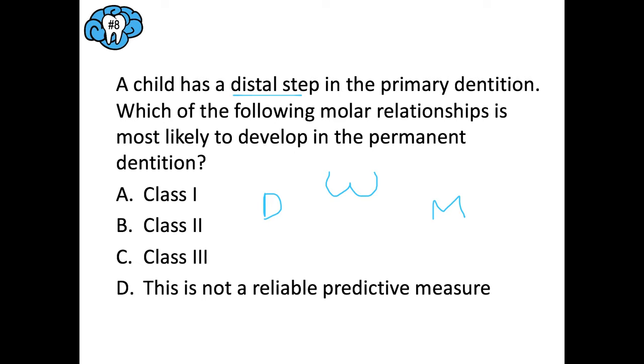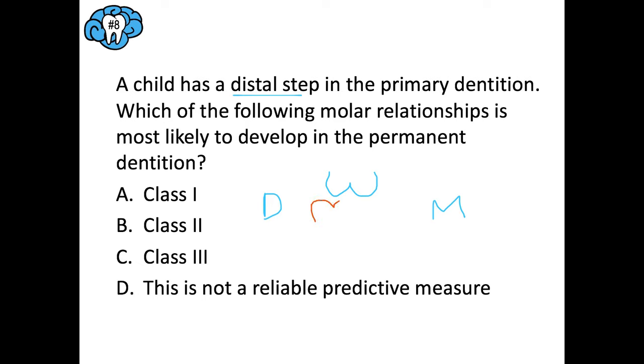If we were to draw the lower molar down here, this would be an example of a mesial step relationship because we can draw a stair step on the mesial side. If we drew it right underneath, this would be an example of flush terminal plane because those distal surfaces or terminal planes are flush to each other.